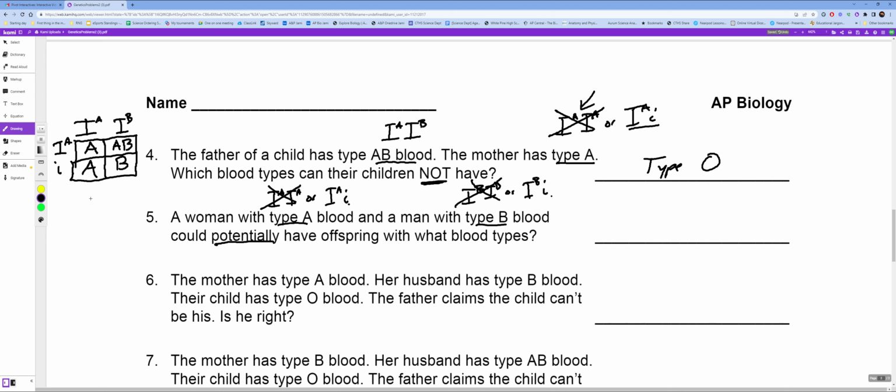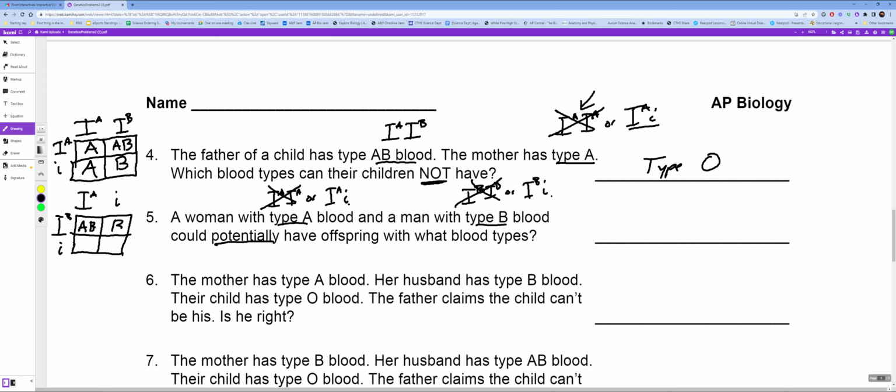Let me go put this in a cross up here. IA little i for parent 1, IB little i for parent 2, and then I'm going to make my square as per usual here. All right, so A and B is going to give you AB.